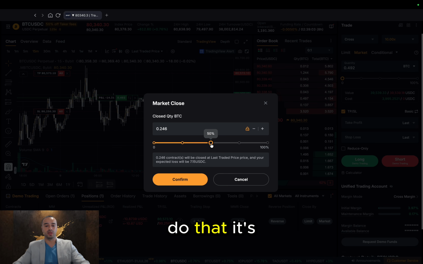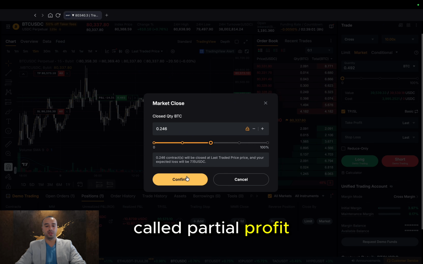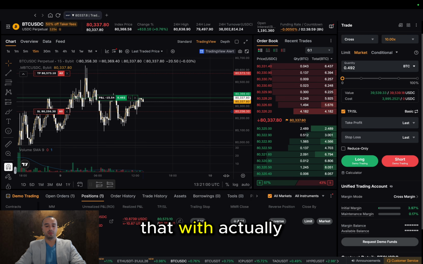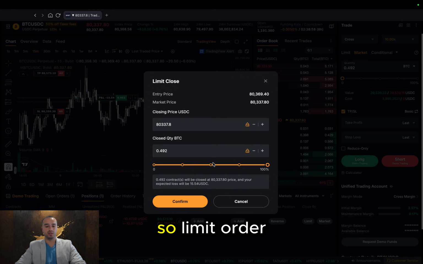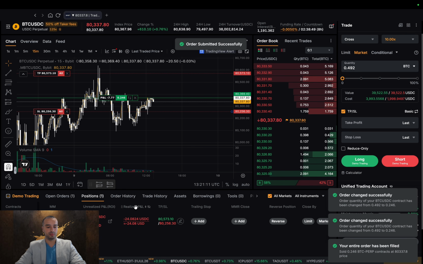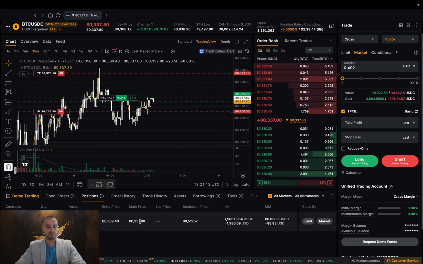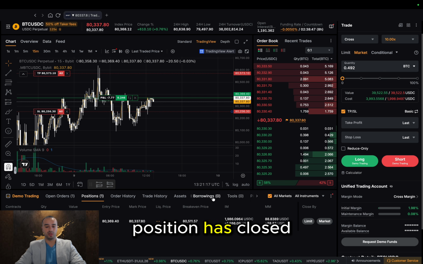It's called partial profit. So let's do that with a limit order. You can take 50% of the position, confirm, and we see 50% of the position has closed.